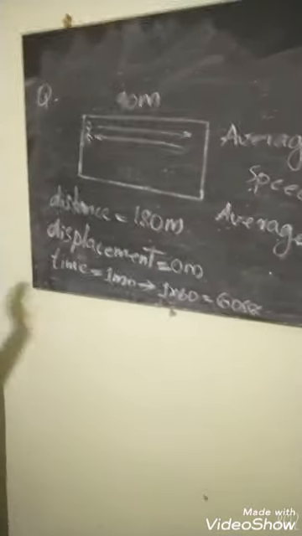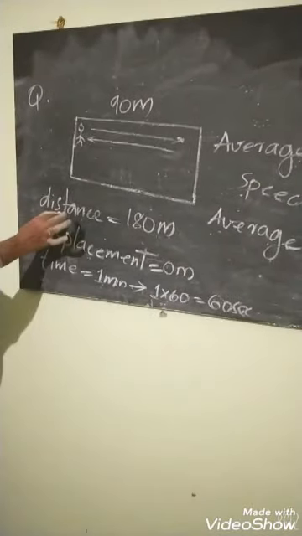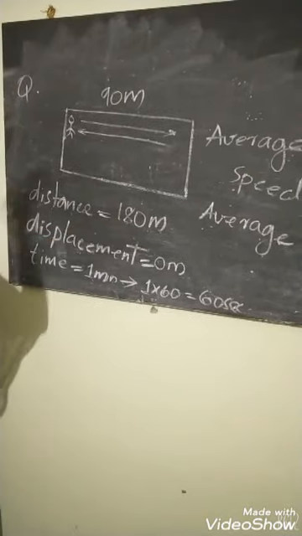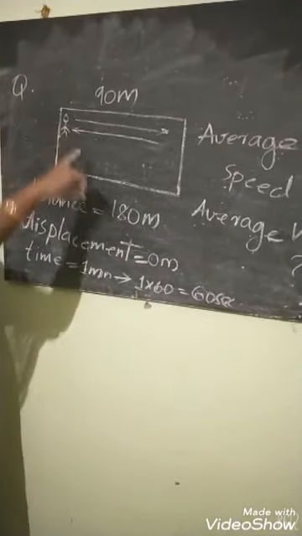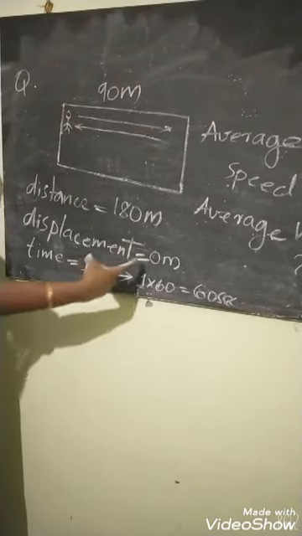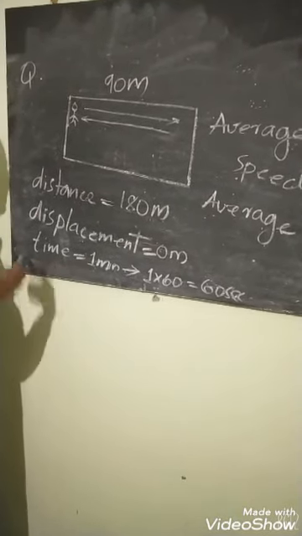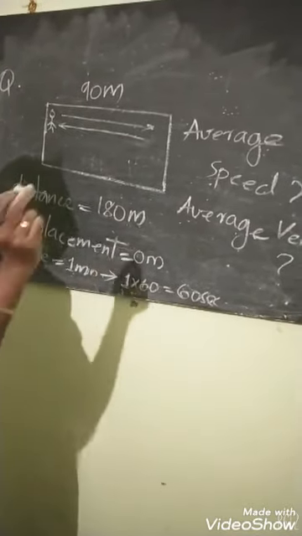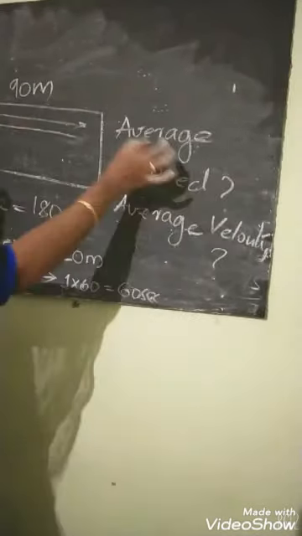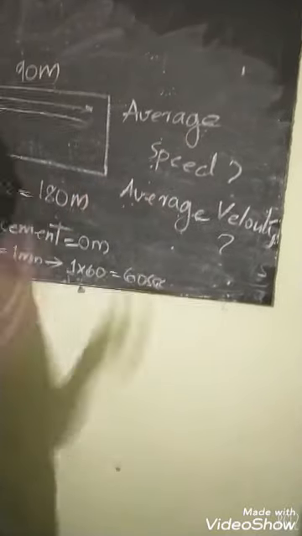So once again I am telling you the distance is 180 meters, the displacement is 0 meters and I explained how this displacement is 0 meters. Then time is given as 1 minute and we converted it to seconds. And you have to find average speed and average velocity.